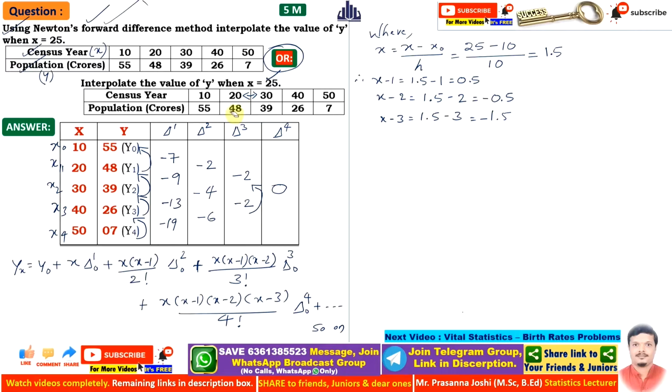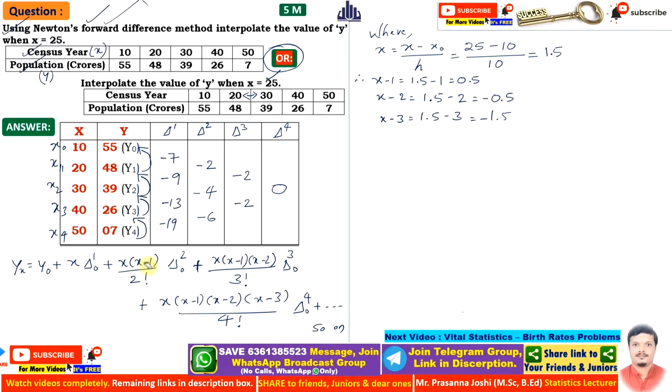So these are the forward difference values whichever we have got. Look at the formula. It is not just delta 1, it is delta 0,1. In the sense, in this delta 1 column if we observe, this is delta 0,1, this is delta 1,1, delta 2,1, delta 3,1. That means this is delta 0,1. In the similar way, delta 0,2, delta 0,3, delta 0,4.